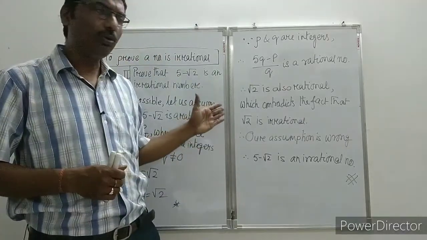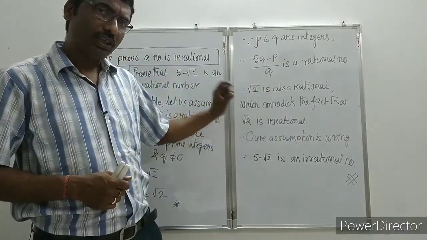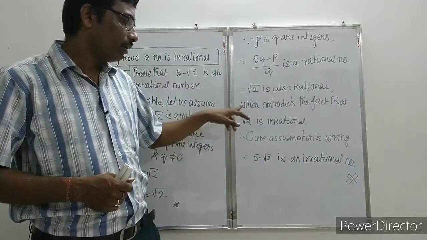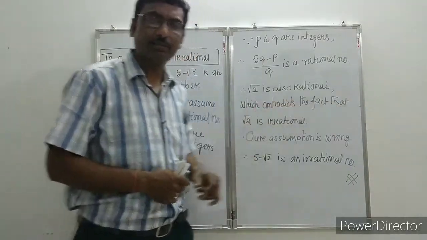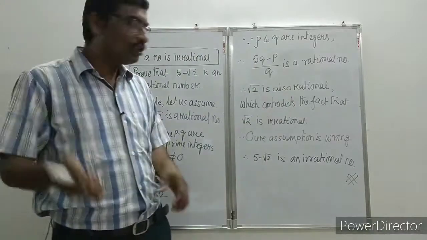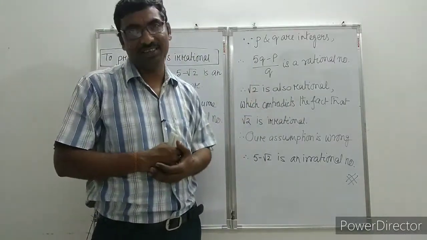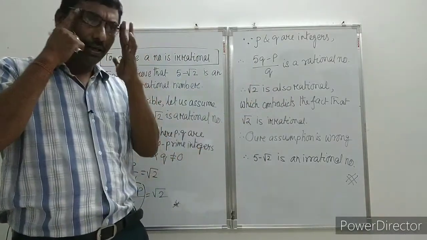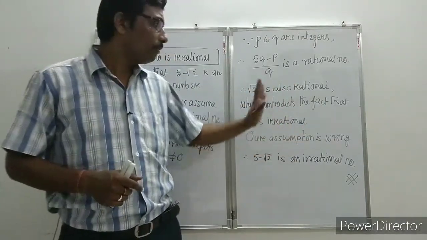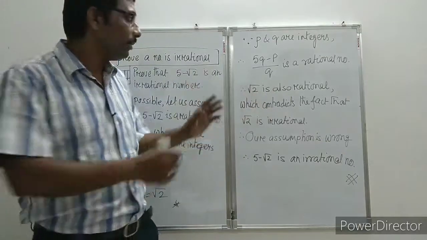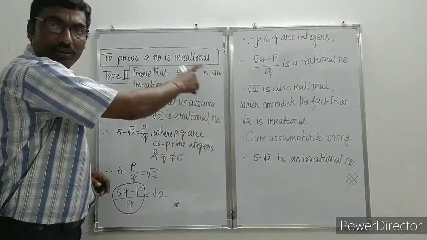So here, the statement you will see what we are writing: which contradicts the fact that, because we have not assumed root 2 as rational. So that's why you will not write that which contradicts our assumption, because we have not assumed root 2. We have assumed the whole 5 minus root 2.